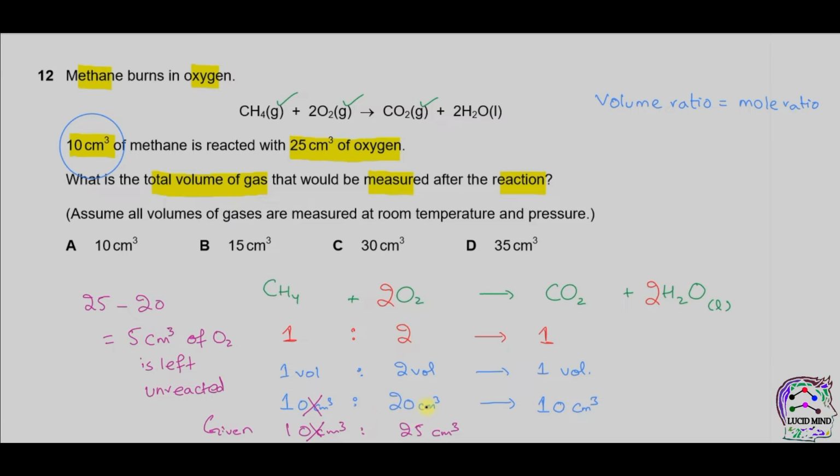So from oxygen we only have 5 centimeter cube after the chemical reaction, and as the ratio of CH4 to CO2 is 1 to 1, 10 centimeter cube of CH4 will form 10 centimeter cube of CO2. So after the chemical reaction we have 10 centimeter cube of CO2 that is formed.